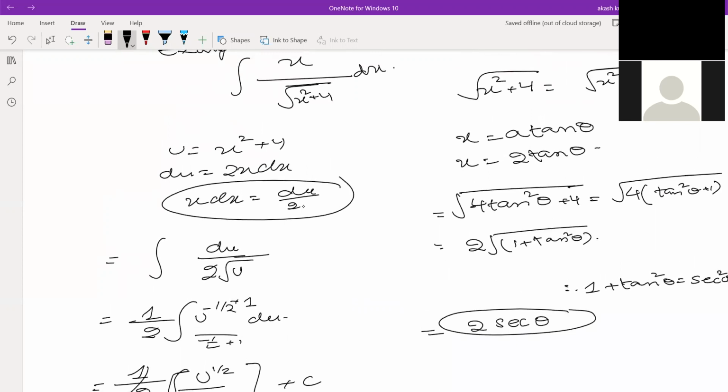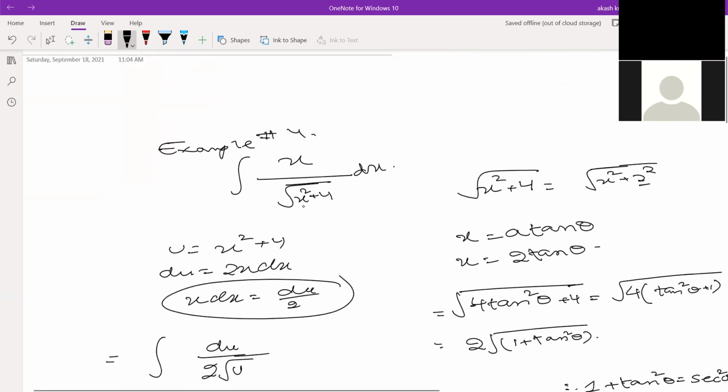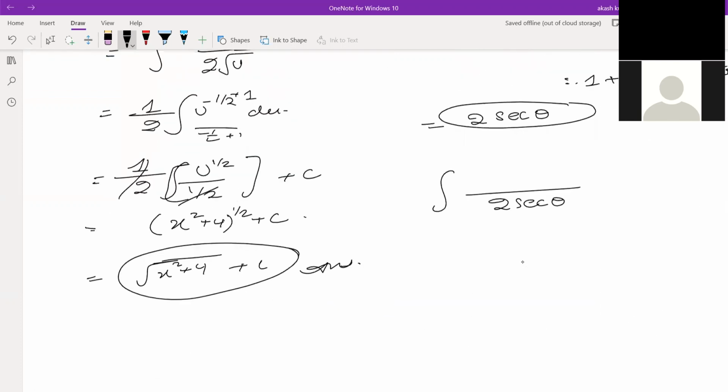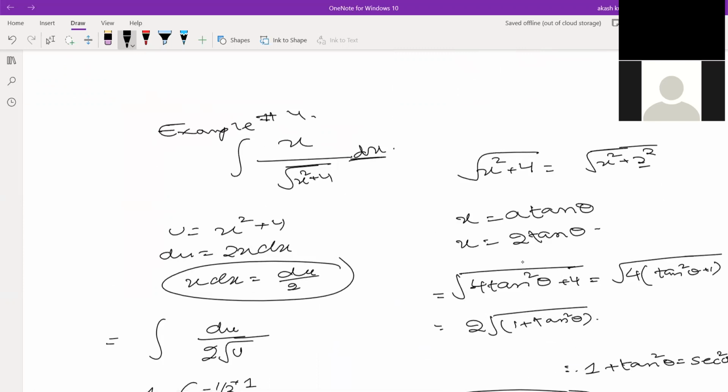So integral of x over 2 sec theta, and x is equal to 2 tan theta, d theta. Oh, here the integral is in dx form. We have to convert dx into d theta.